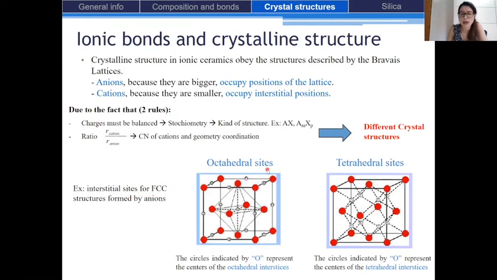We have octahedral sites, represented right here in this figure. The circle indicated by O, an empty circle, represents the centers of the octahedral interstices. This will be the possible position of the cations in case they are placed in octahedral sites.